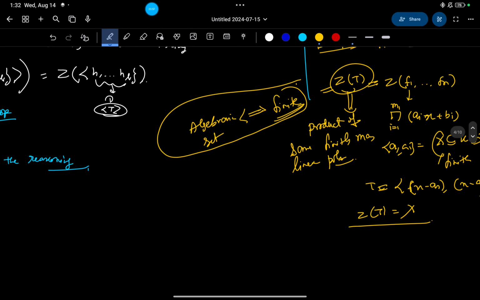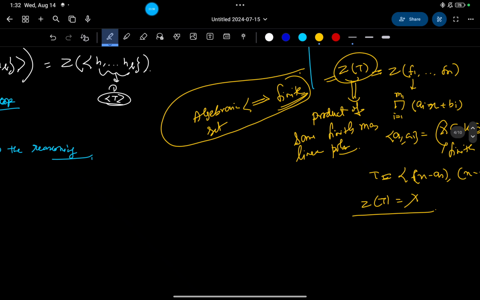Now in particular, let's say tau Z, the Zariski topology on A^n(K), is it Hausdorff or not?